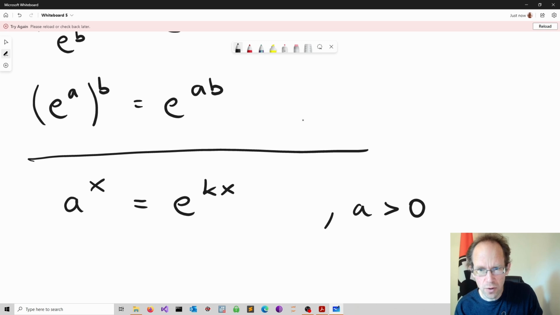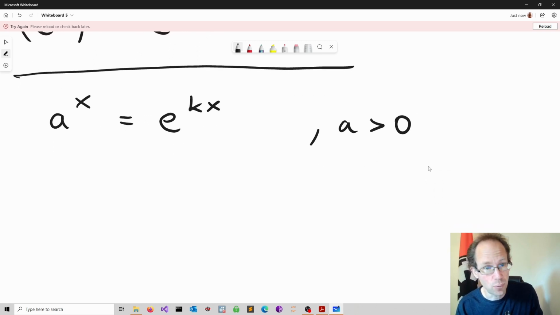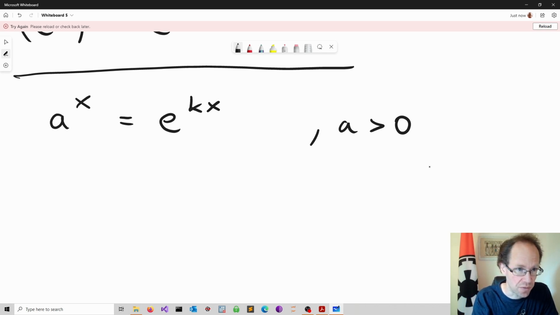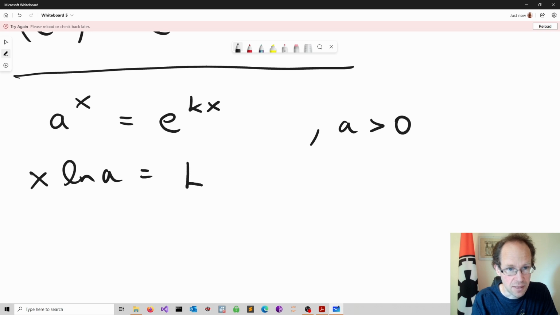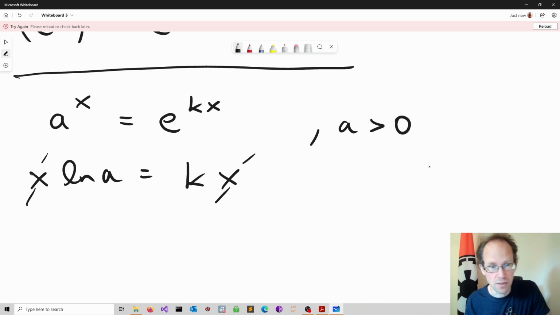This is very often useful to rewrite problems in terms of the exponential function. We can easily find the value of k so that this equation holds by taking the ln function on both sides, which obviously gives x ln a and k x. Now we can cancel the x on both sides and we have the relationship we want.